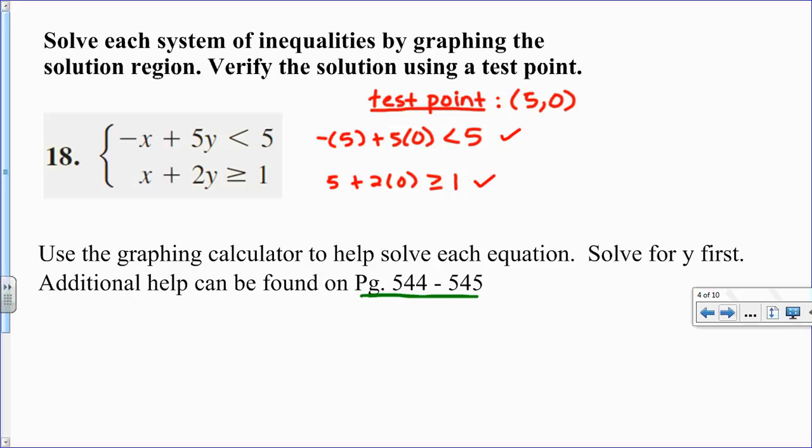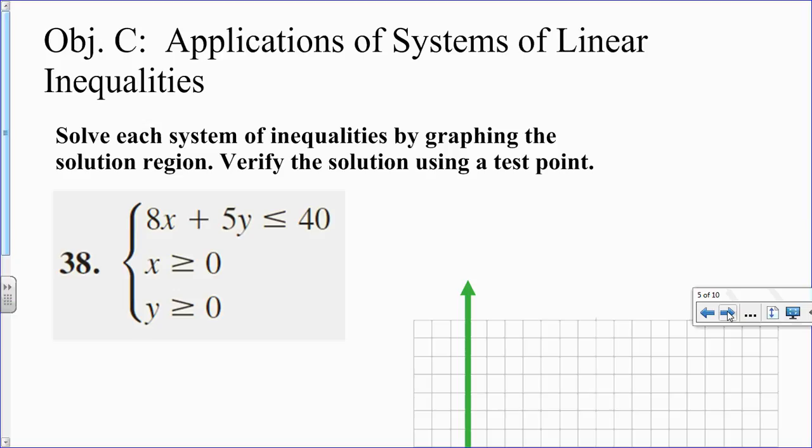Okay. So now we're going to talk about some applications here, and we're going to start building just what we need to do a linear programming problem.